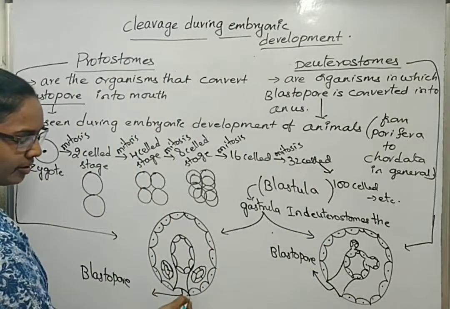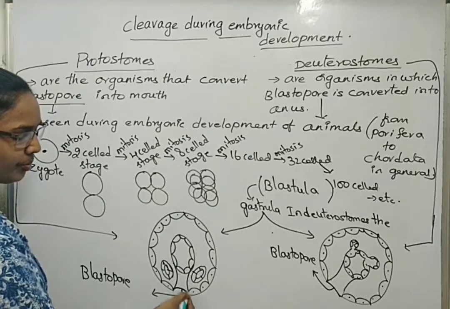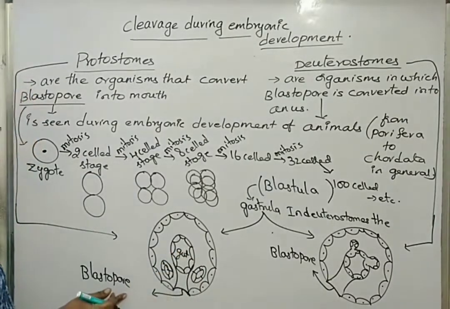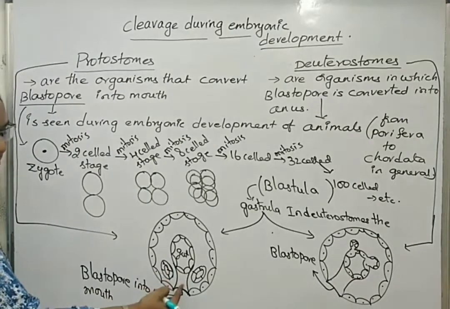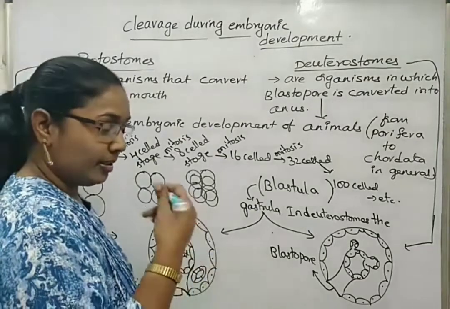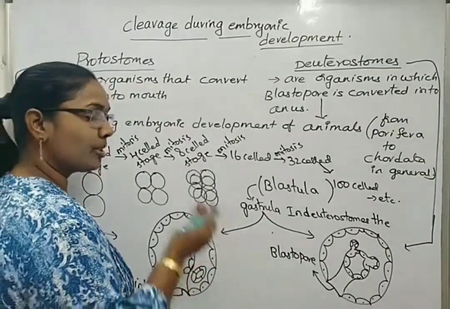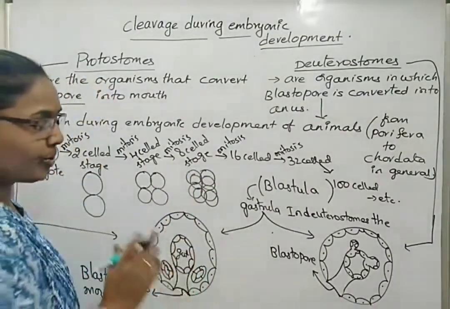So the structure which is giving rise to entry of the gut is getting converted into mouth, blastopore into mouth. This opening which is entry of the gut is called blastopore. In course of evolution, when organism is developing, then it has to get converted into mouth. Such organisms are called as protostomes.